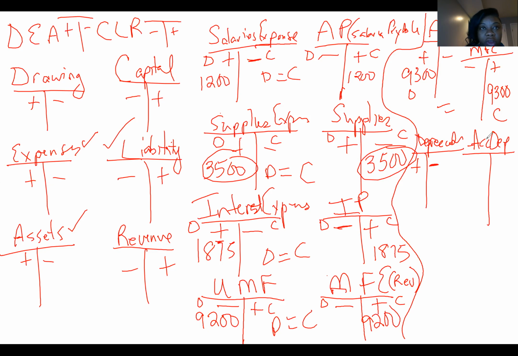Accumulated depreciation is a contra asset, so it's actually a minus plus. There's no logic, but it's the opposite of an asset because it goes underneath the regular assets and then offsets it.